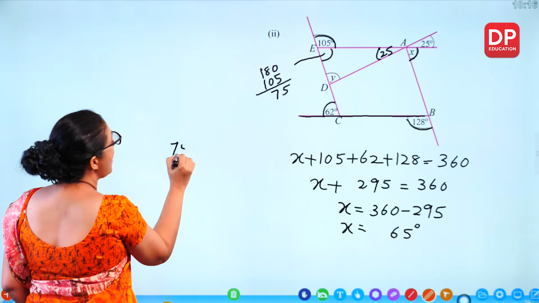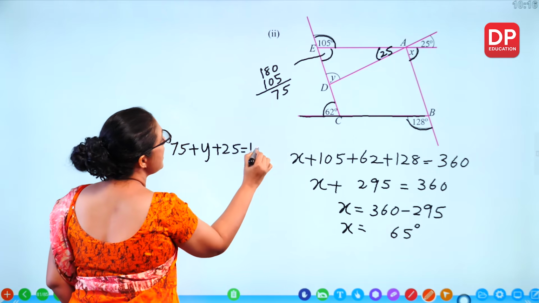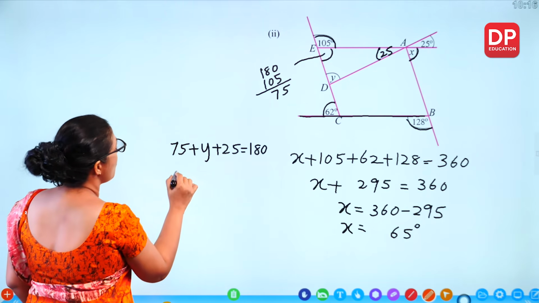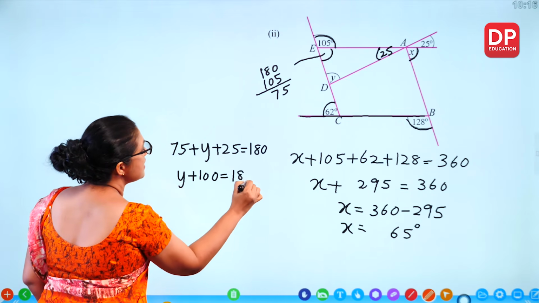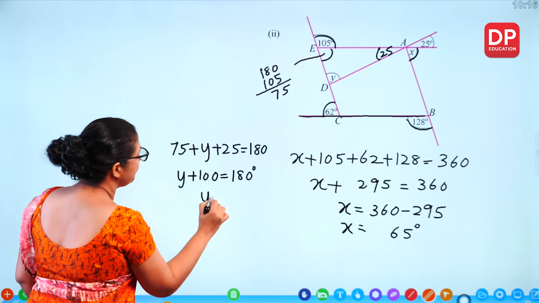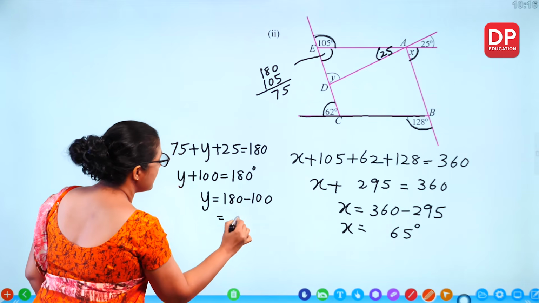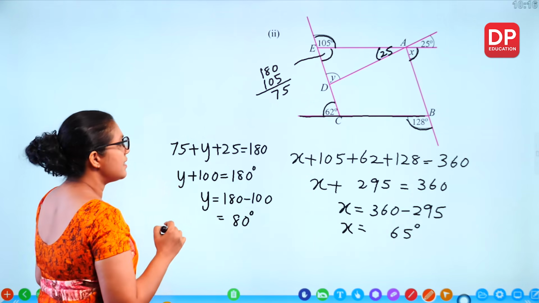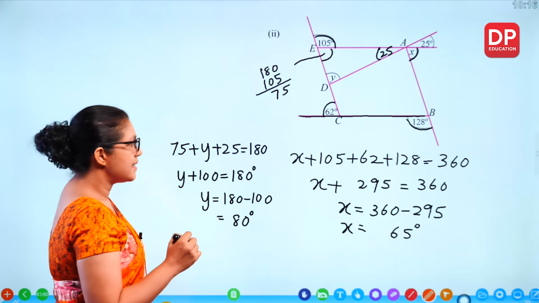So 75 plus y plus 25 is 180. So y plus 100 is 180. So what's y? 180 minus 100, that's 80 degrees. So x is 65 and y is 80.